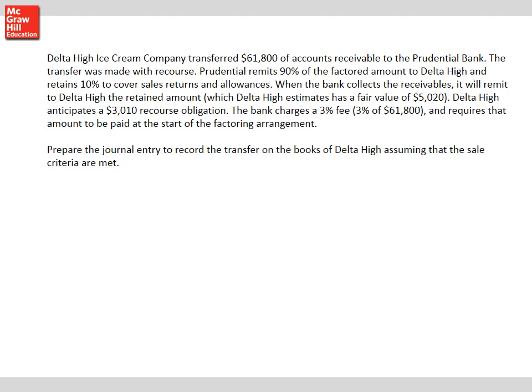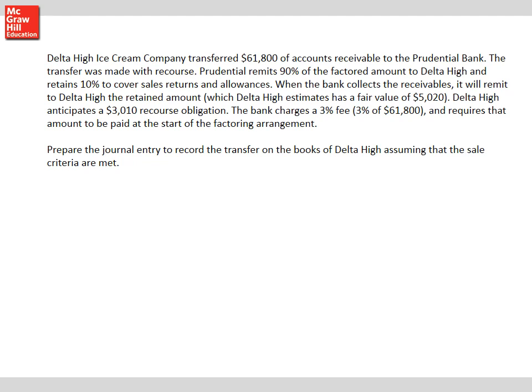So you have to remember that when there's accounts receivables and Prudential takes them, what if one of those customers returns something to Delta? Delta doesn't have an accounts receivable anymore to credit. And guess what? Prudential's never getting that money. So this is the way they cover themselves. Okay?